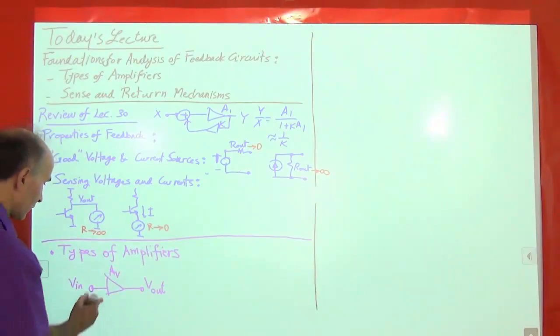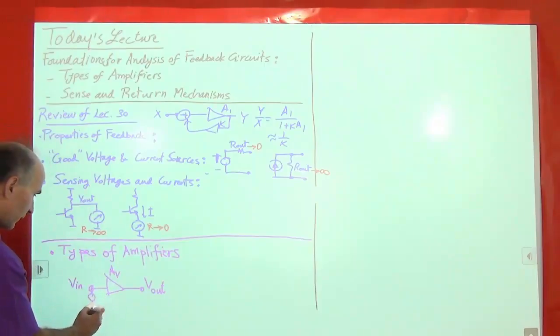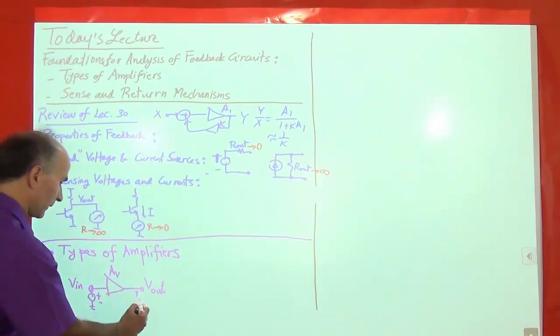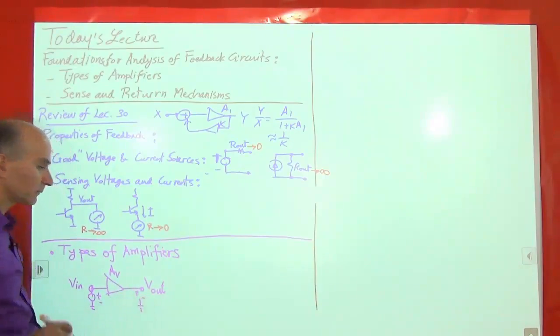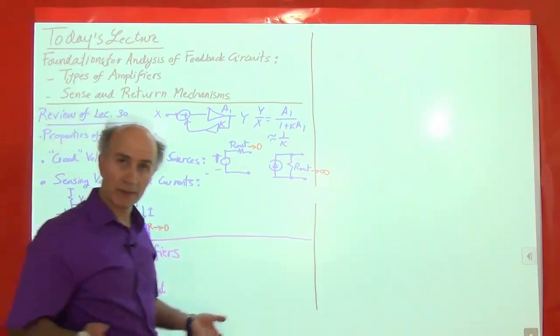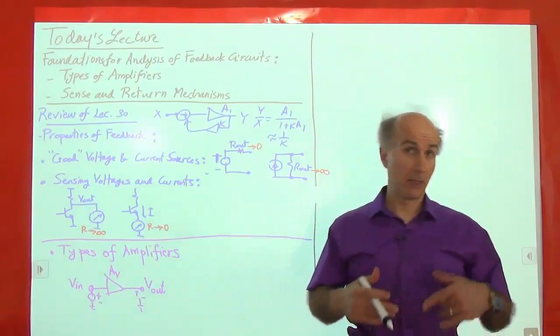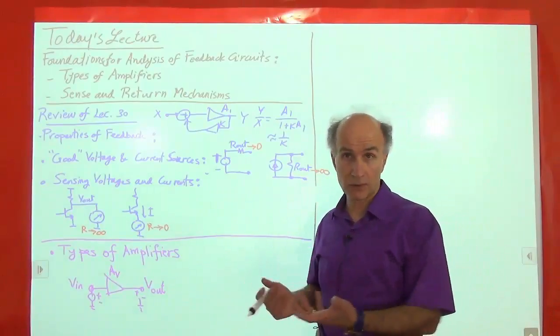All right, so let me draw this V in as a voltage source so that we're clear on that. Okay, and V out is generated between the output and ground. All right, so a common emitter stage is like that, a cascode stage is like that, a common base is like that. All of these are voltage amplifiers.